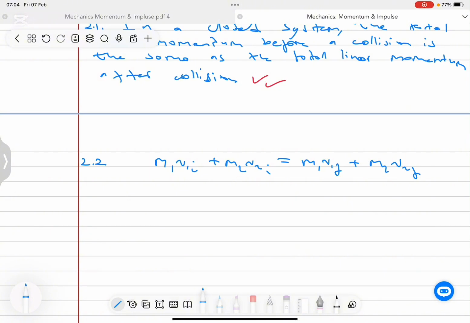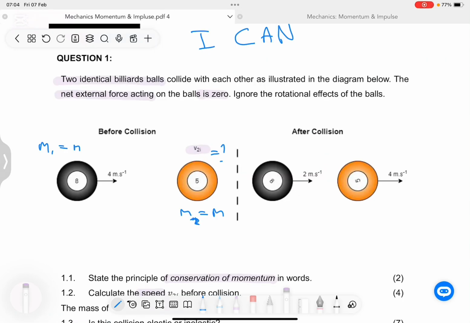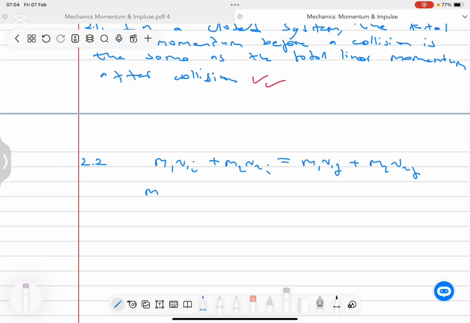This means here I'm going to substitute the mass as m, because we can see that these masses are in proportion. Right, they have a ratio of 1:1. They are identical, in this case we have the same mass. So I'll say m v1 initial plus m v2 initial equals m v1 final plus m v2 final.